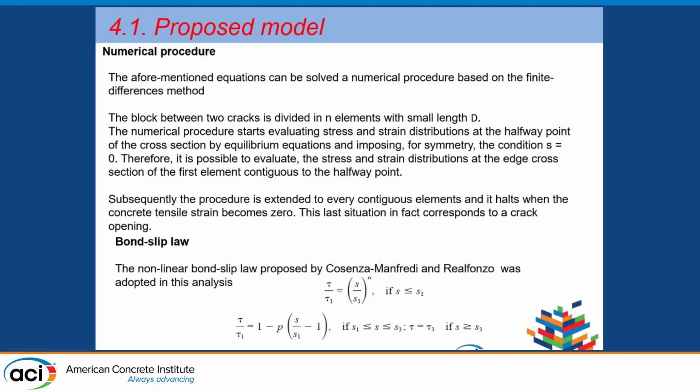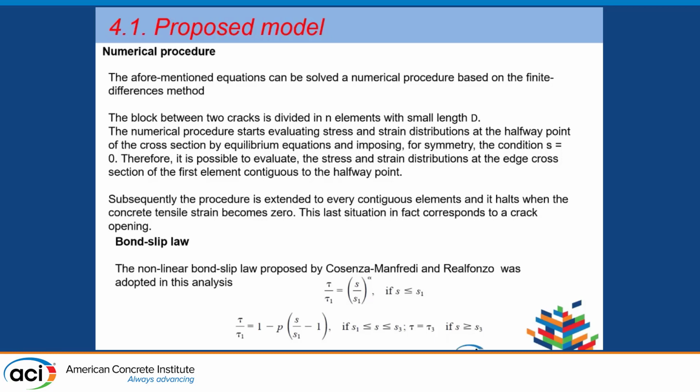In this method, the block was divided into elements with small length delta, and the numerical procedure starts by evaluating the stress and the strain at the halfway point of the cross-section by equilibrium equations, imposing by symmetry the condition that the slip is 0. Therefore, it is possible to evaluate the stress and strain distribution at the edge cross-section of the first element contiguous to the halfway point.